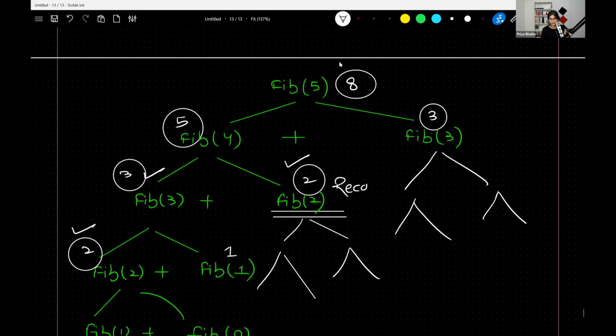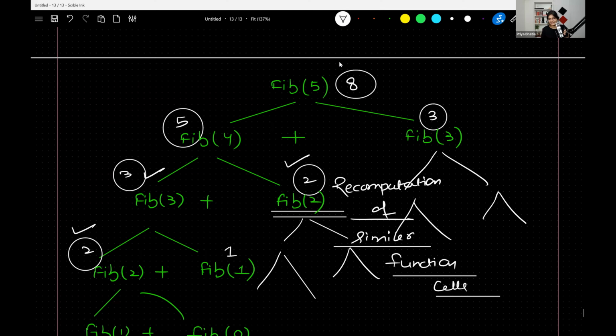There will be a recomputation of similar function calls which will happen. And that is the major issue. That's why you will observe that in this particular code of recursion, it is having an exponential time complexity, which we will talk about.